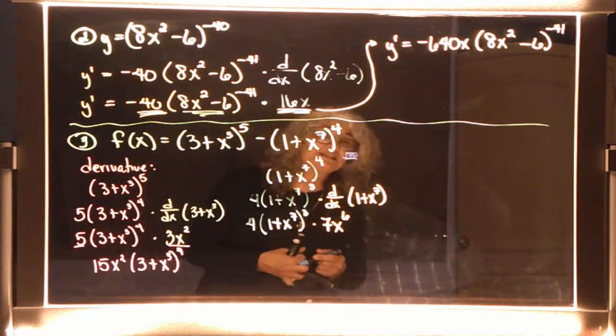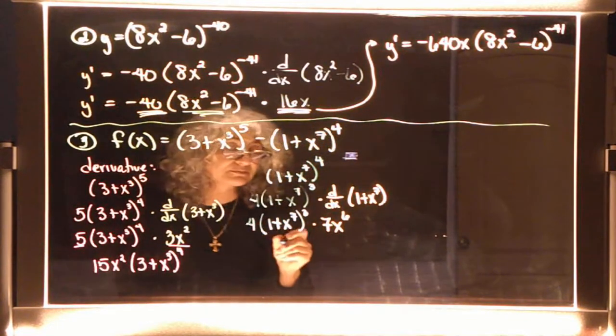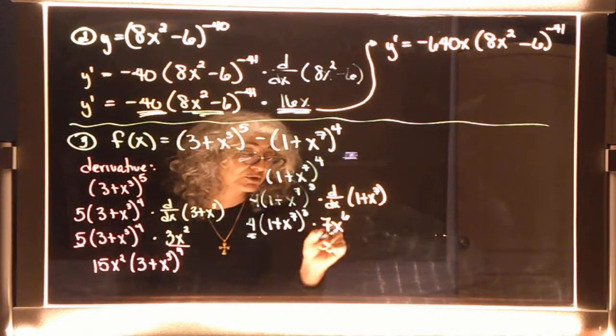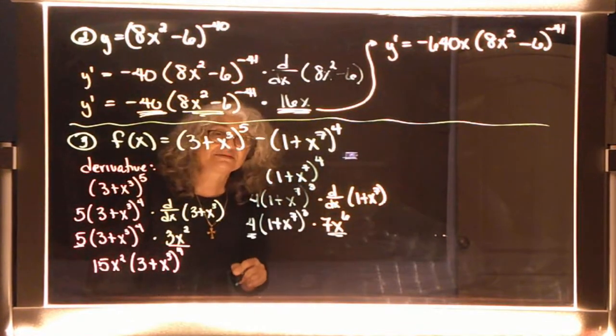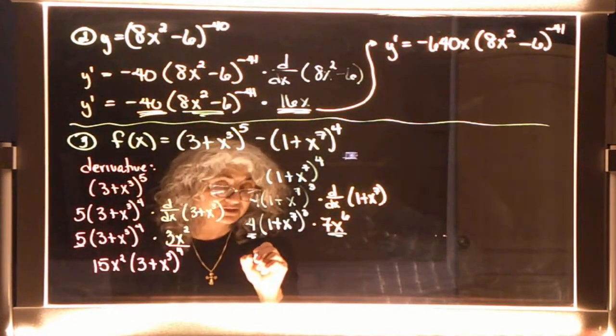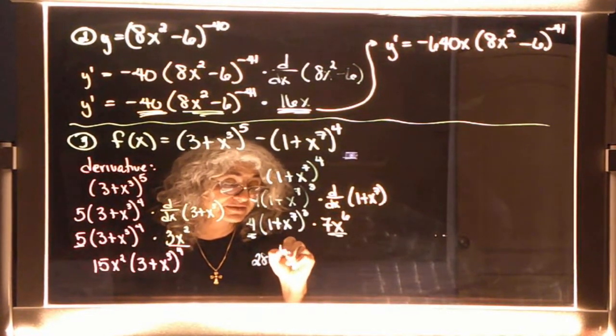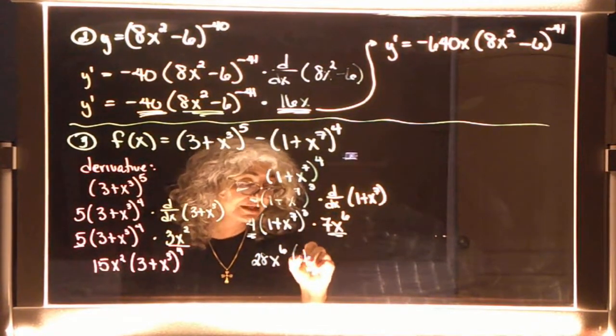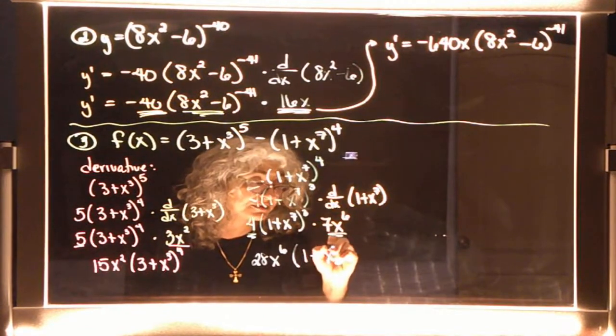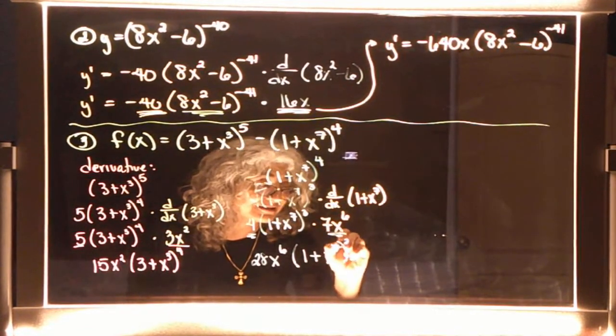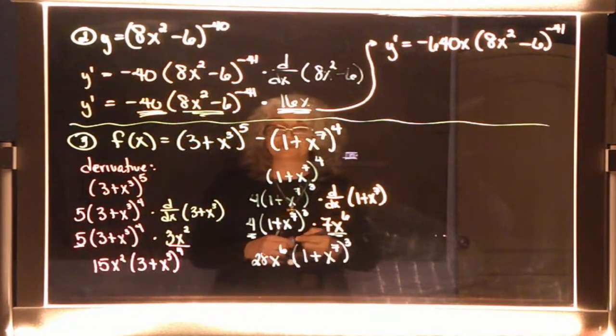So let's finalize this one. I can take the 4 and multiply it by this, can't I? So we're going to get 28 x to the power of 6 multiplied by the parentheses of 1 plus x to the 7th to the power of 3. Okay.